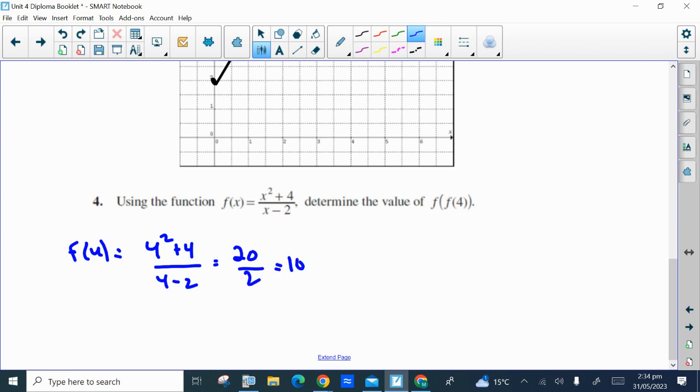That gives us 10. And now we have to do it a second time, now letting x equal 10. 10 squared is 100 plus 4, 104 over 8, which is 13. So there's the value of f at 4.